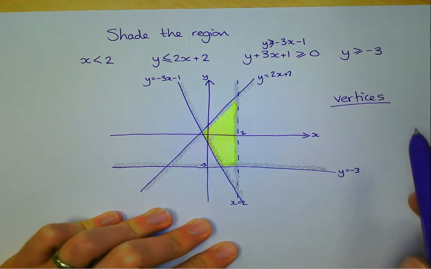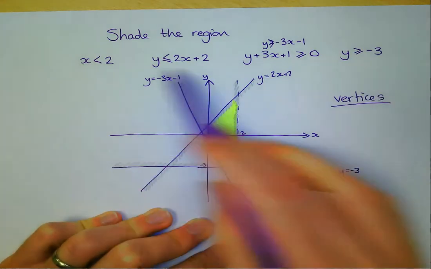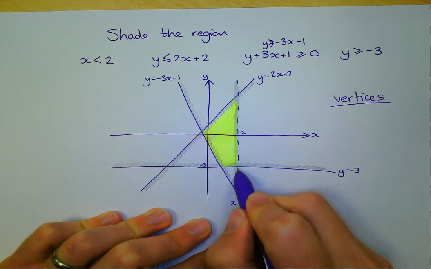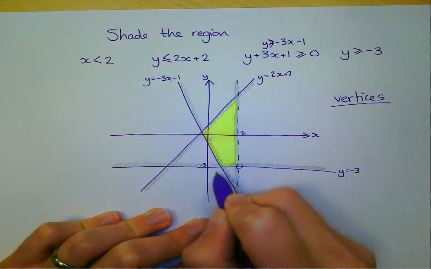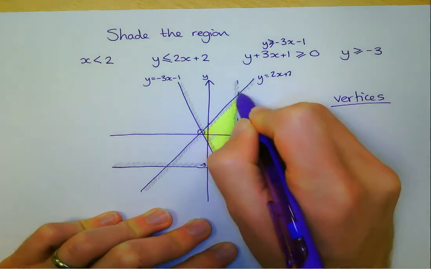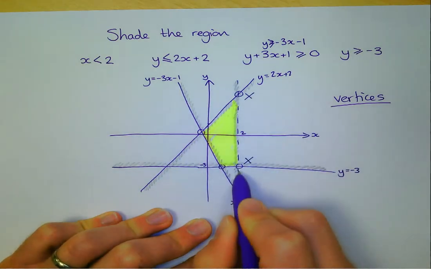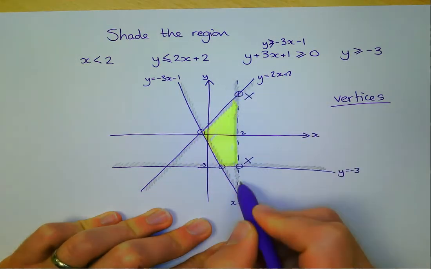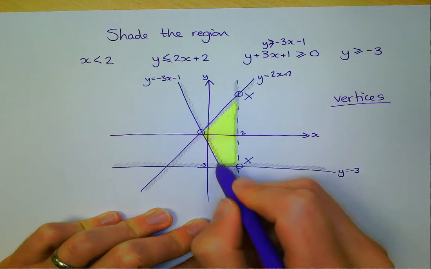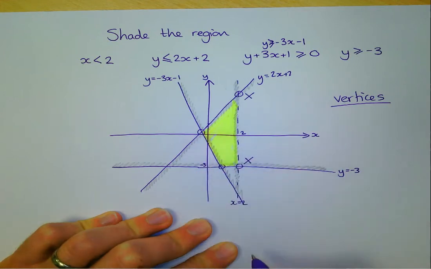And you've got to be careful with the words, the vertices that are defined by these inequalities. So this point here, there are kind of 4 vertices, 4 corners. But this is not a vertex, and this one is not a vertex, because they're on a line that's not included. So we've just got to find out these 2 points here.